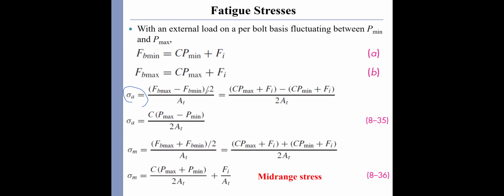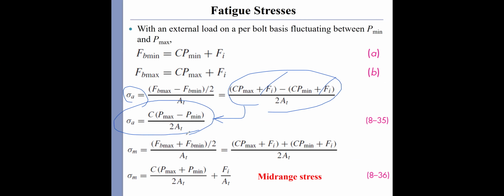Okay, so we can just rearrange this equation so that we can eliminate this Fi. So we can get the sigma A, the alternating stress. Similarly, we can figure out the mean stress of the bolt.